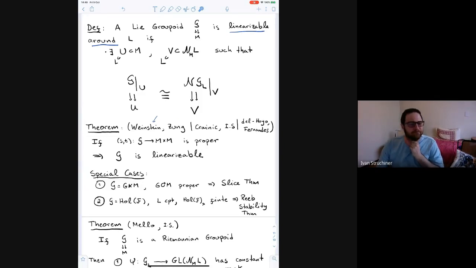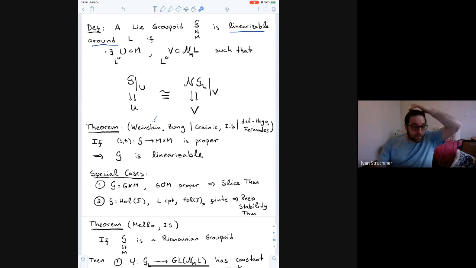The proof was quite a lot of analysis, and then Marius and I gave a geometric proof using the deformation theory for Lie groupoids. Then Matias del Hoyo and Rui Loja Fernandes gave an even more geometric proof using Riemannian metrics on groupoids. Their proof is very nice. If you're going to read some proof, read theirs, which is the nicest proof.